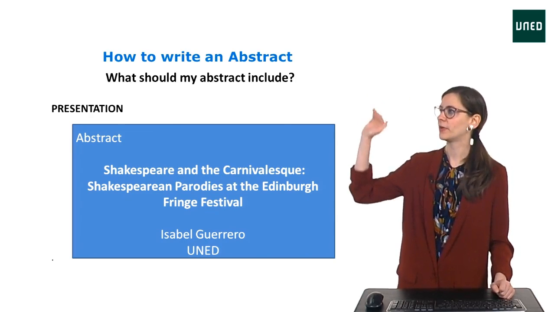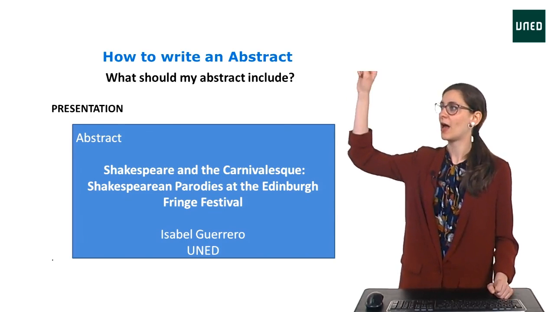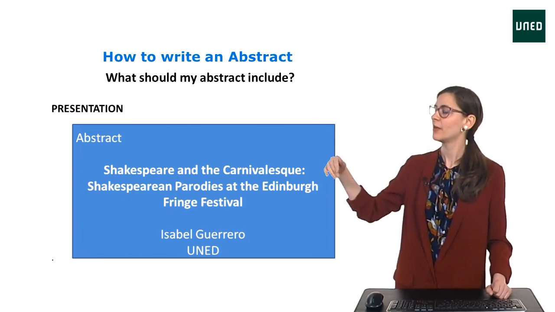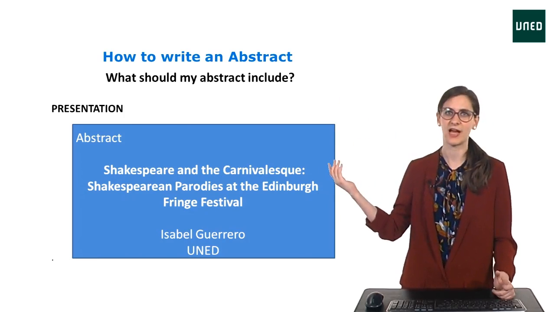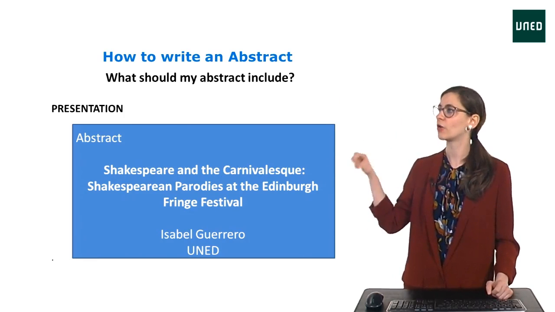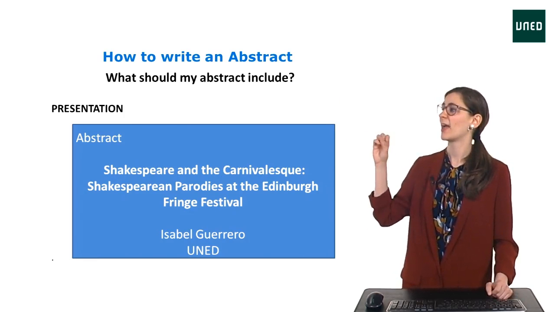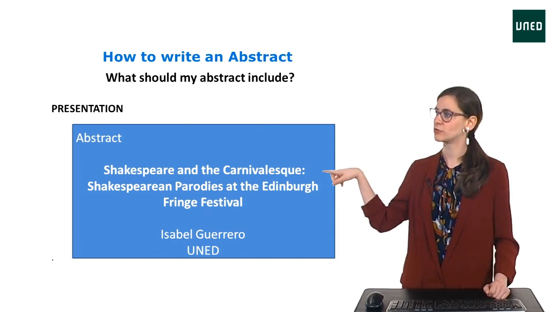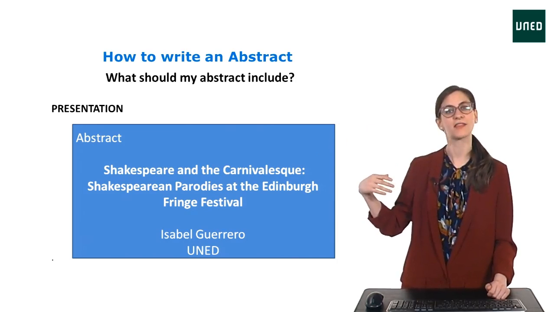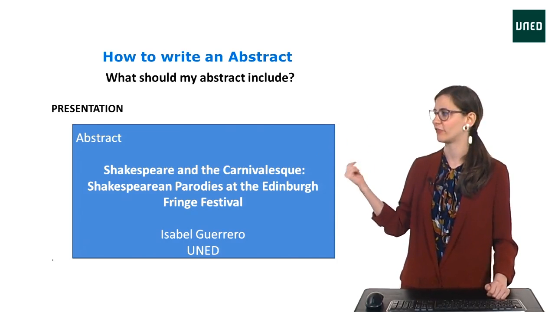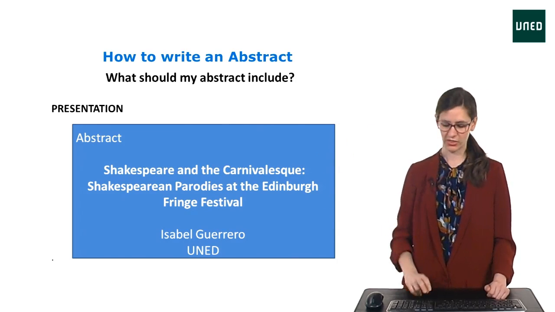So at the top, in one corner, you'll label abstract. Then you'll leave two blank lines and you'll write your title. Remember that a good title needs to be concise and clear, okay? After the title, you include your name, and then usually you'll be asked to include your institutional affiliation, okay? And you can write that also there.